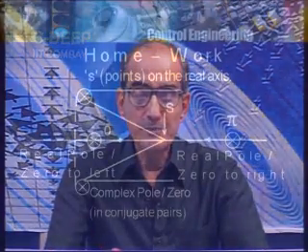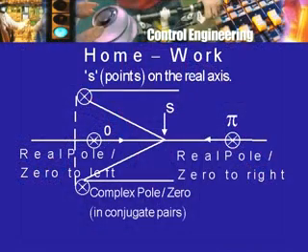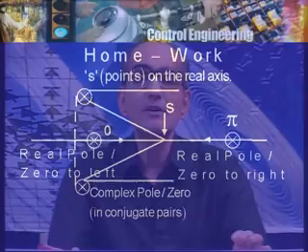Therefore, this pair of complex poles will make no contribution to that argument principle calculation, because the total contribution of these two will be 360 degrees. If these are zeros, then once again the total contribution will be 360 degrees, but it will be subtracted, and that makes no difference. Whether you add or subtract, it makes no difference if the angle is 360 degrees.